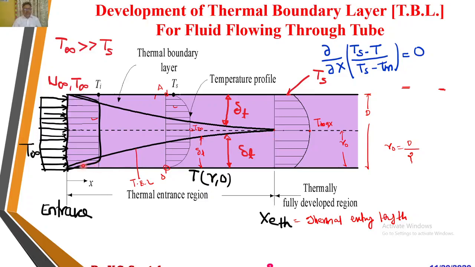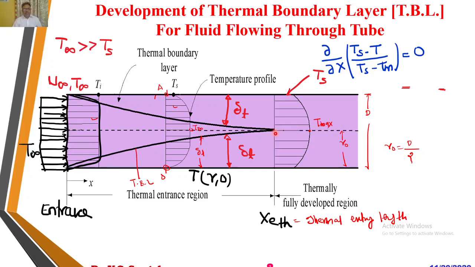The thermal boundary layer development will take place from both sides, and the thickness of the thermal boundary layer will grow in size, and they will meet at the center line at some distance x from the inlet of this tube.